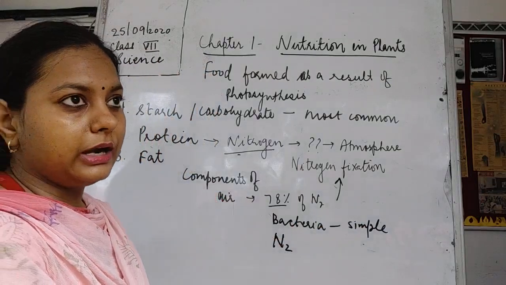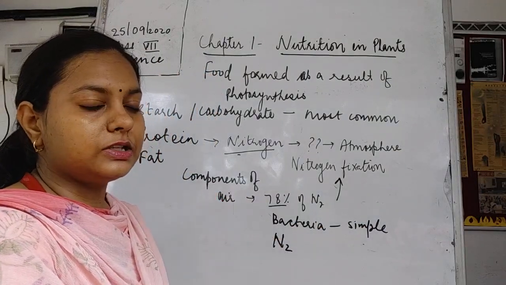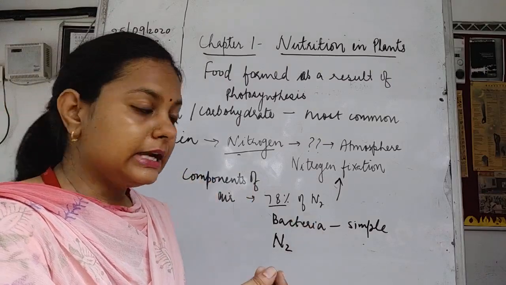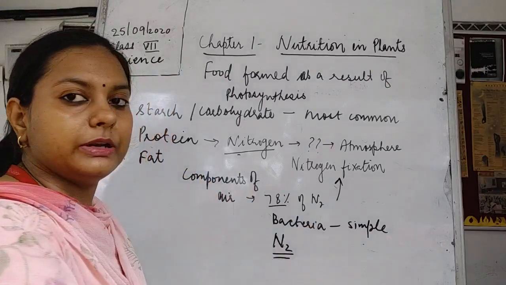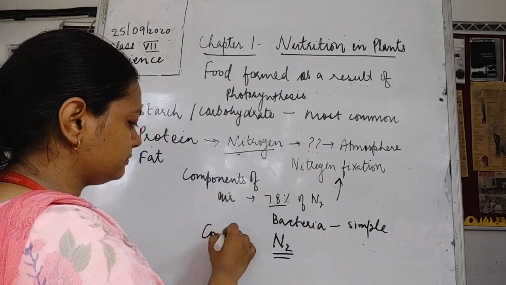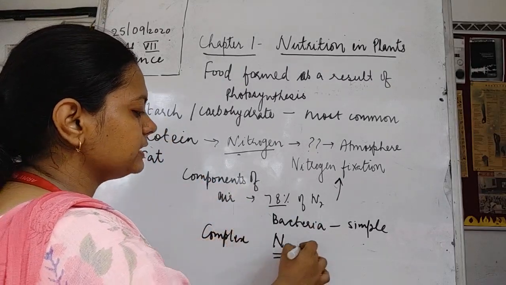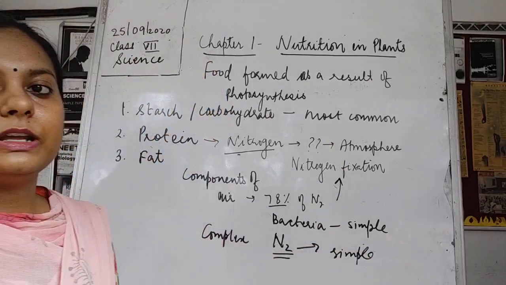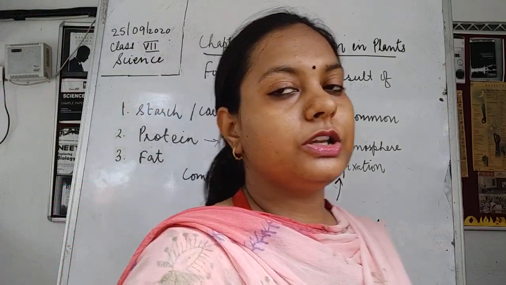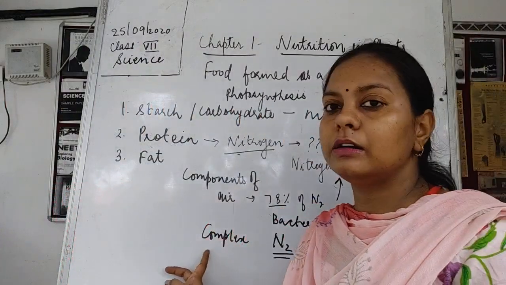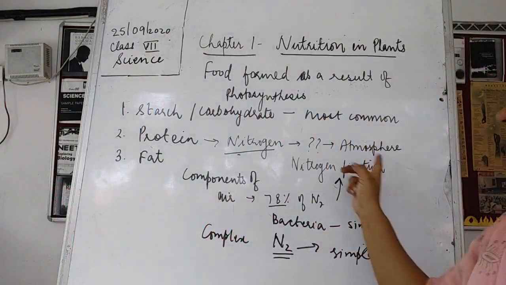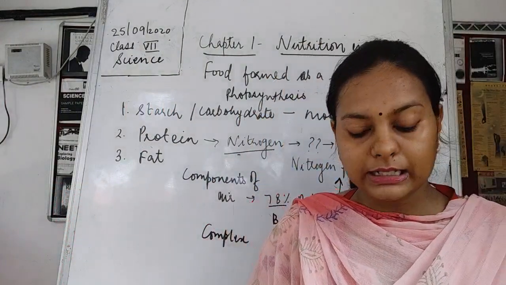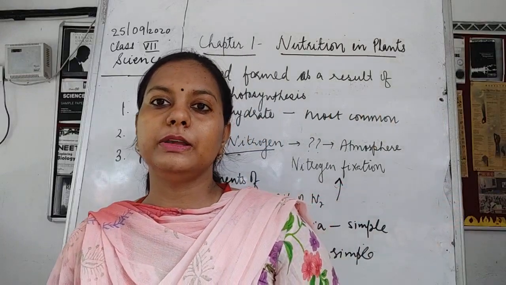As I told you in digestion, we do not eat the complete apple, we just take a small bite. Similarly, this complex molecule is broken down into a simpler molecule, which helps in nitrogen fixation, and it is stored in the form of proteins, and then these proteins are used by us.